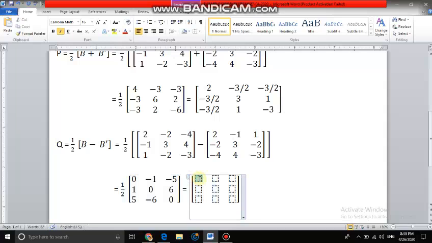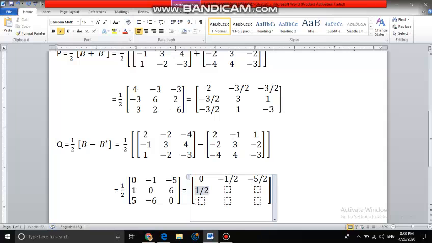So 0 into 1 by 2 is 0, minus 1 into 1 by 2 is minus 1 upon 2, minus 5 into 1 by 2 is minus 5 by 2, 1 into this is 1 by 2, then this will be 0, this will be 3, so 5 into 1 by 2 is 5 upon 2, minus 6 into 1 by 2 is minus 3, then this will be a 0.